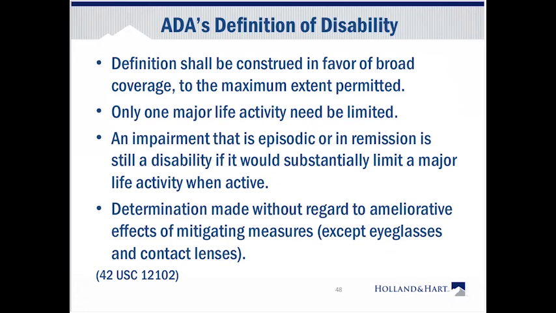Another thing the statute points out is that you can't say someone is not disabled simply because they have some sort of mitigating equipment. The only exception is eyeglasses and contact lenses; otherwise, the fact that they have some mitigating measure doesn't make them not disabled.